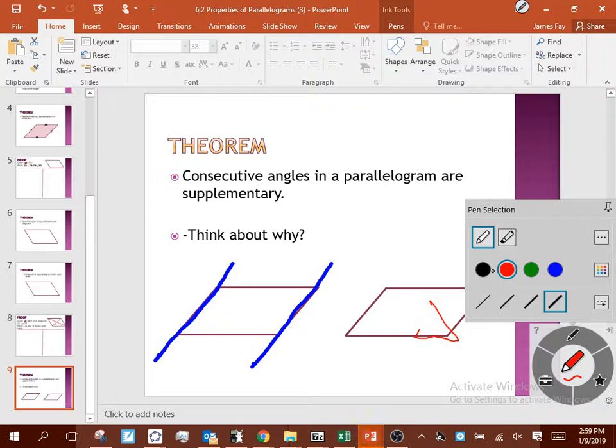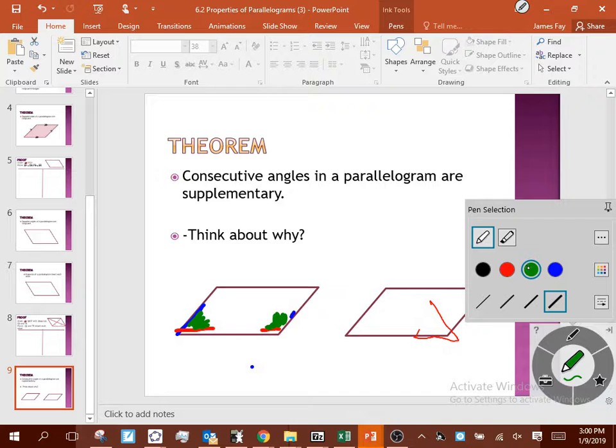By definition, they are parallel. What is that for those blue parallel lines? Transversal. Therefore, this angle here and that angle there are same side interior, and same side interior angles have to be supplementary. And if I just erase the parallel lines and the transversal, are those two angles consecutive inside my parallelogram? Okay, so we get consecutive angles in a parallelogram to be supplementary.